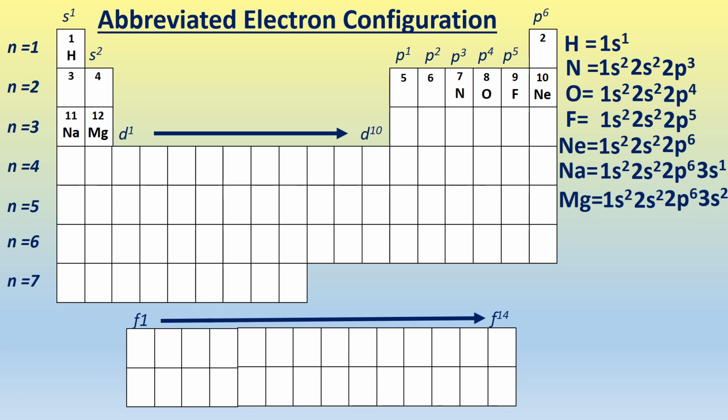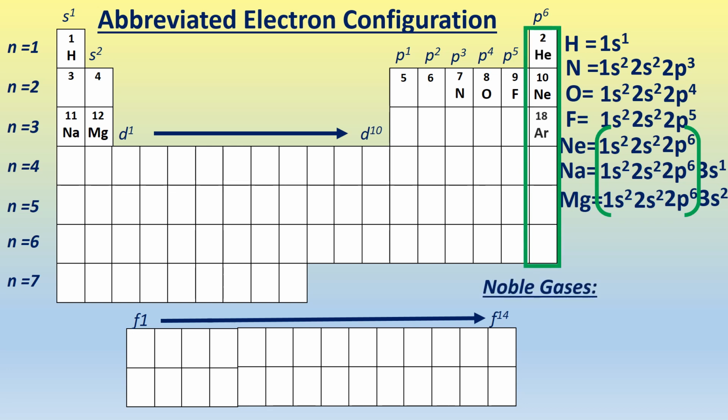Noticing neon, the final element in the row, closes out the second row at 1s2, 2s2, 2p6. Sodium and magnesium have all of those same electrons plus additional ones. So you can simply abbreviate the electron configuration based on group 8, which are called the noble gases.